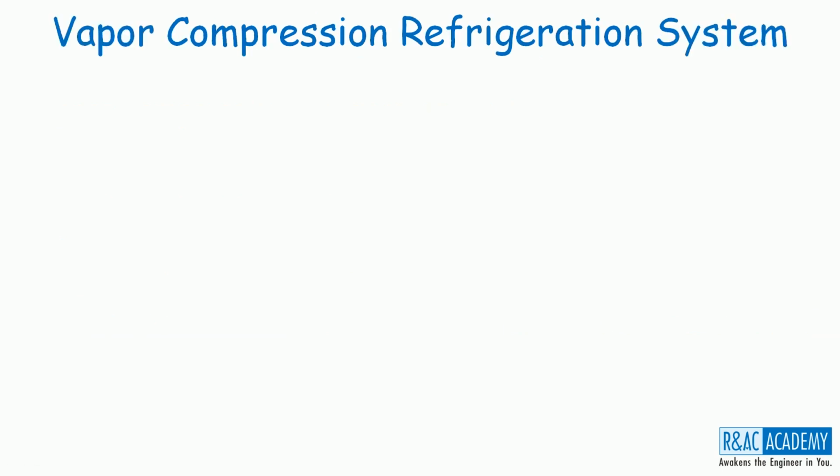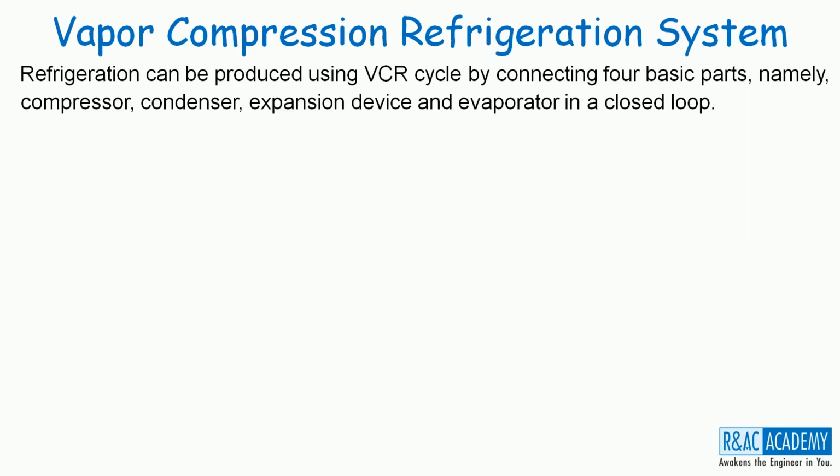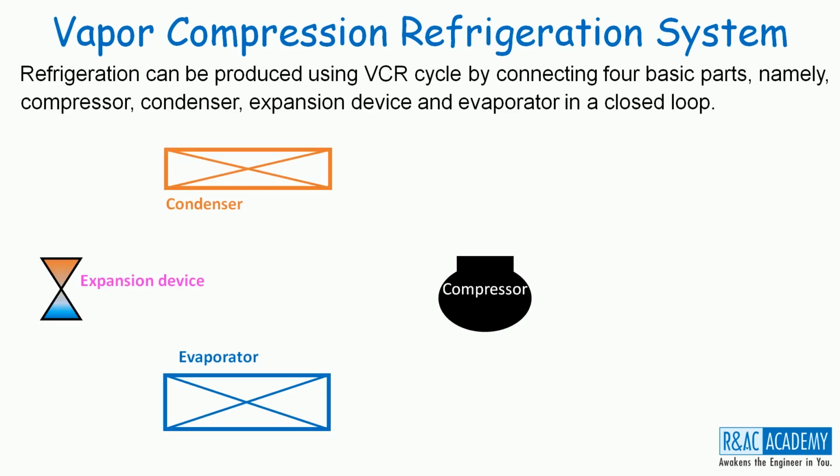Let us now discuss the vapor compression refrigeration system. Refrigeration can be produced using the VCR cycle by connecting four basic parts, namely compressor, condenser, expansion device and evaporator, in a closed loop. Let us first pick up those four basic parts.